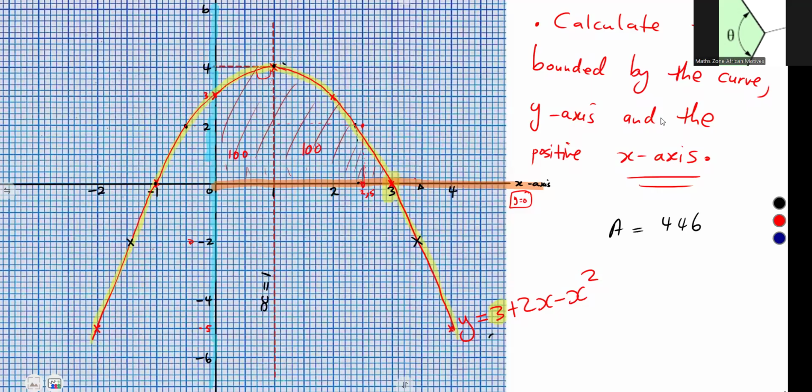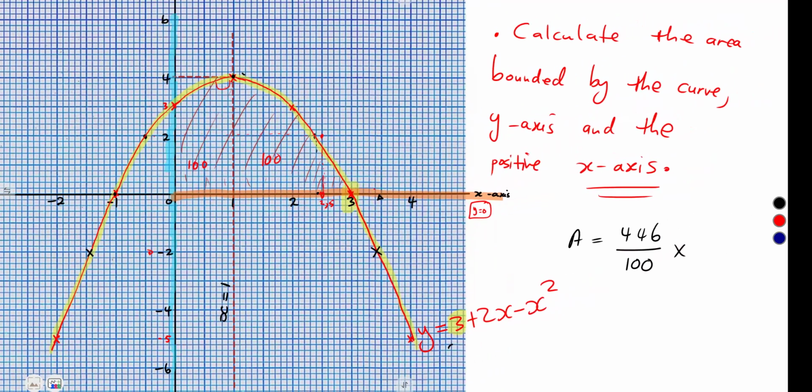So remember, area is the number of boxes, here we have got 446 boxes, over 100 times the area of the unit square, which is this unit square: this is 1 unit, and this is 2 units, according to our scale.